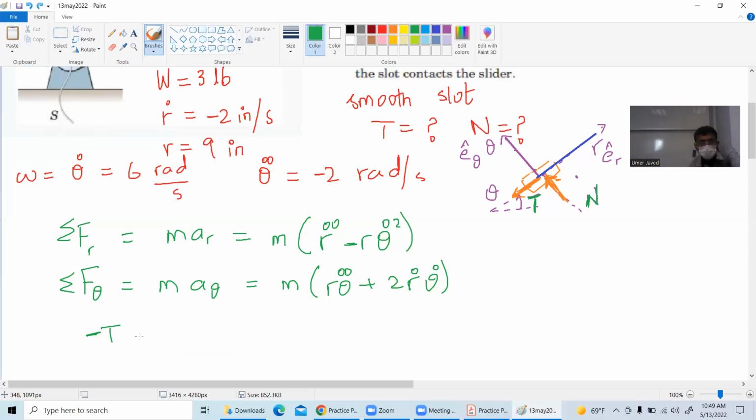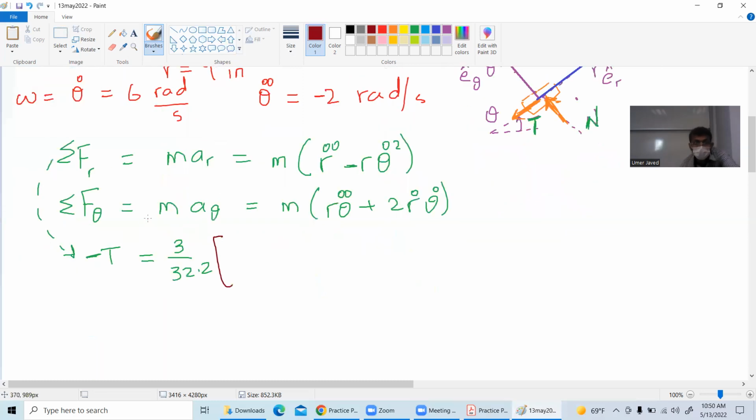Minus T equal to 3 over 32.2. Good, very nice answer. Students who are getting confused, I will put it like this. Multiply by r double dot. R dot is a constant, r double dot is zero.